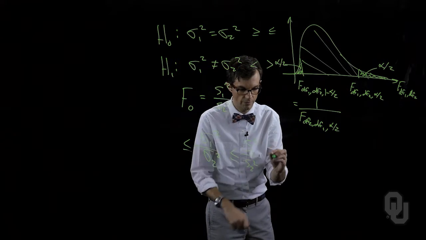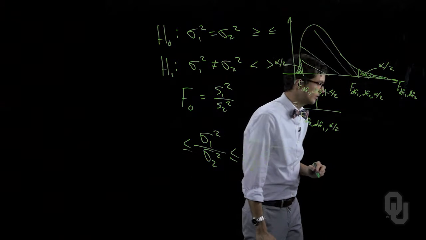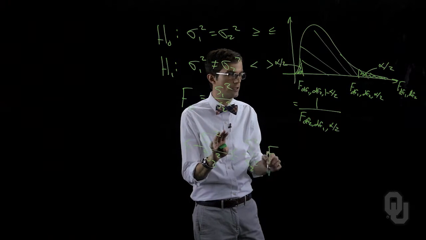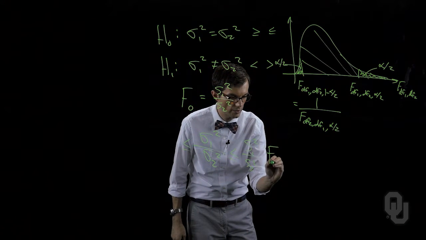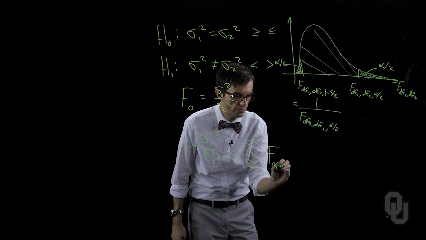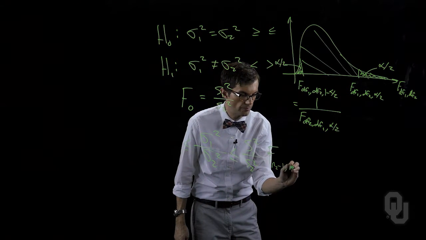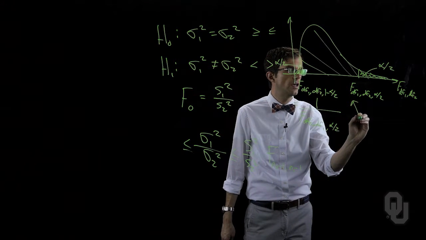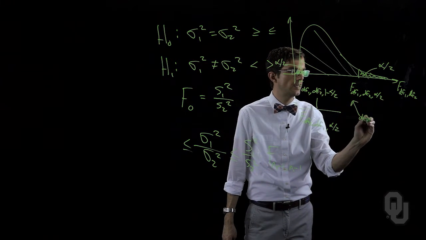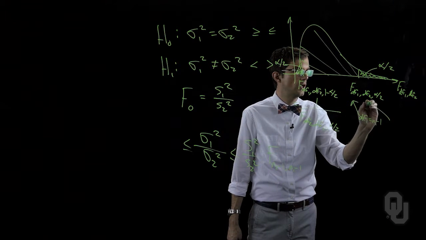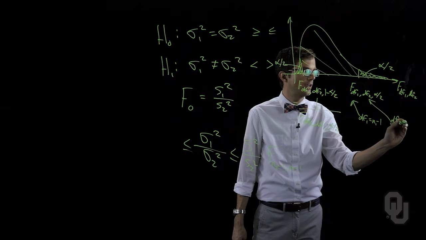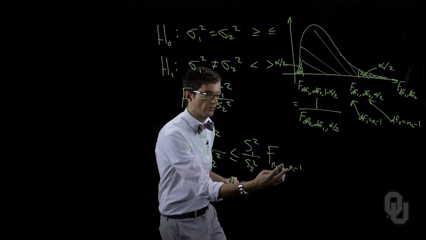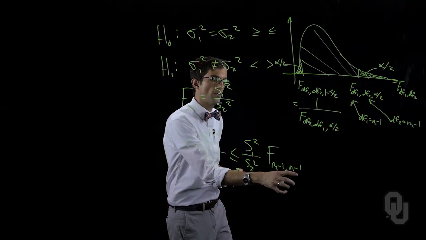But up here, for this F value, the value on the F axis, note this is an important distinction. We are counterintuitively reversing the degrees of freedom. I should note here that for our purposes, degrees of freedom 1 is equal to n1 minus 1. Degrees of freedom 2 is equal to n2 minus 1. So we have to reverse the degrees of freedom: degrees of freedom 2, comma, degrees of freedom 1.